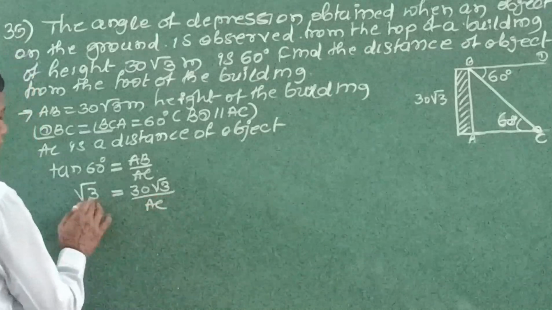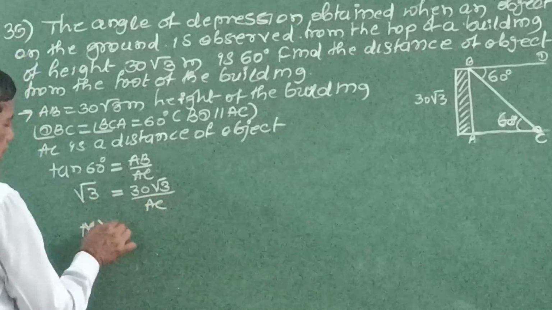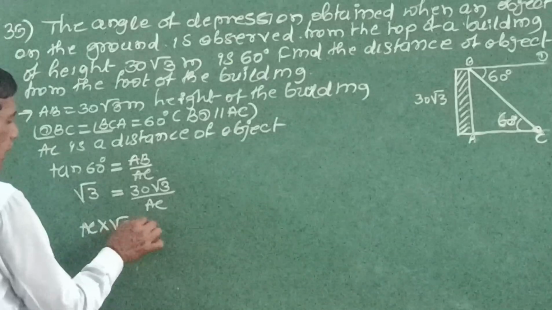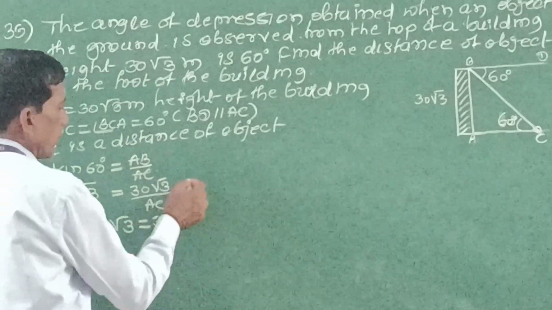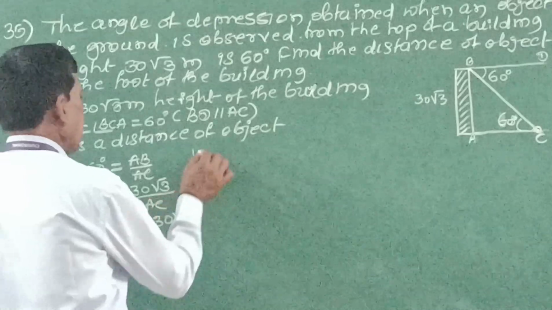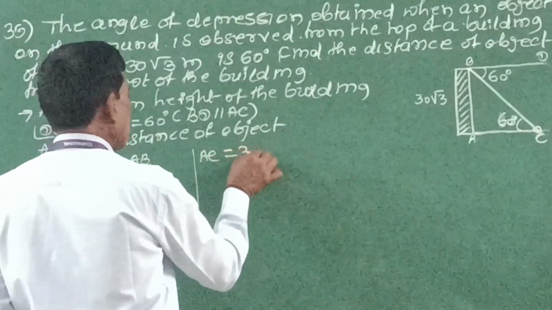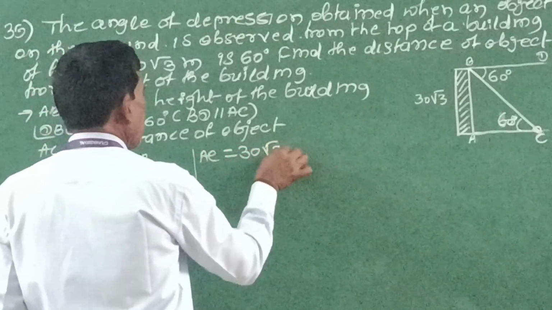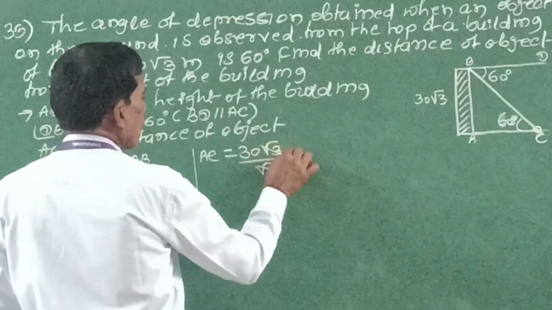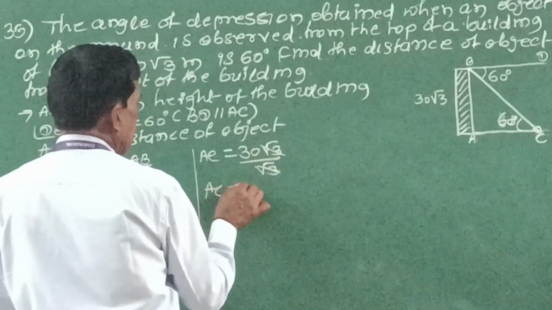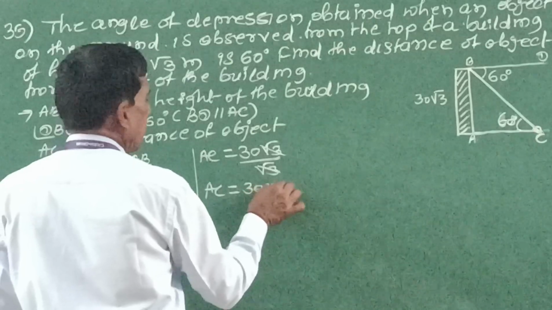So AC into root 3 equals 30 into root 3. Therefore AC equals 30 root 3 divided by root 3. Root 3 cancels, AC equals 30 meter.